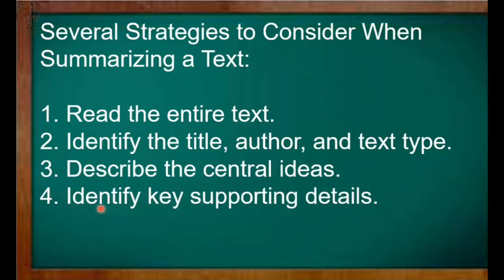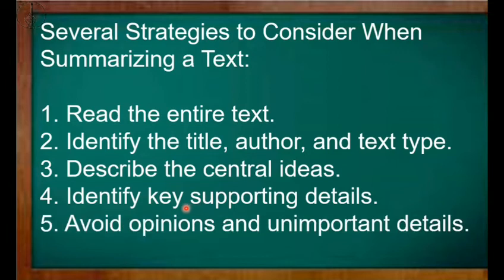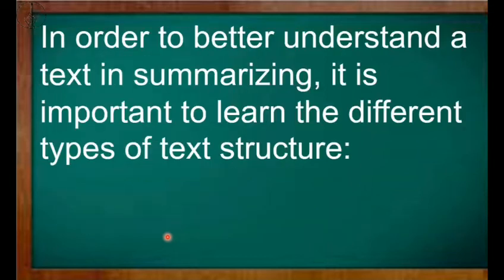Number four, identify key supporting details. You should take note if there are supporting details in the given selection. Number five, avoid opinions and unimportant details. Do not add something which is not really concrete or based on the given selection. So you should avoid giving your own opinion.